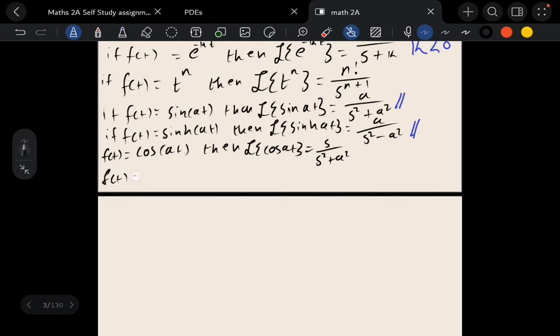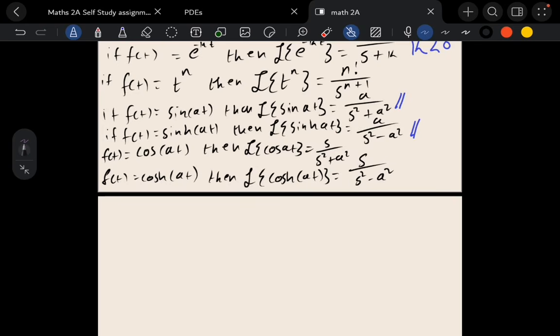And if f of t is cos a t, then the Laplace transform of cos a t is going to be s over s squared minus a squared. Do you understand?